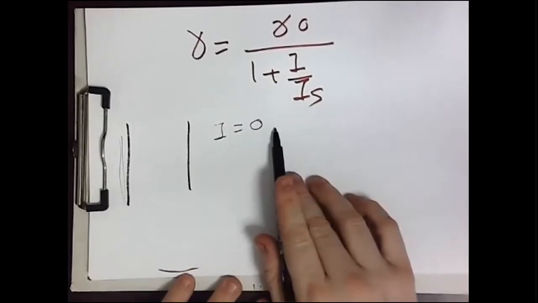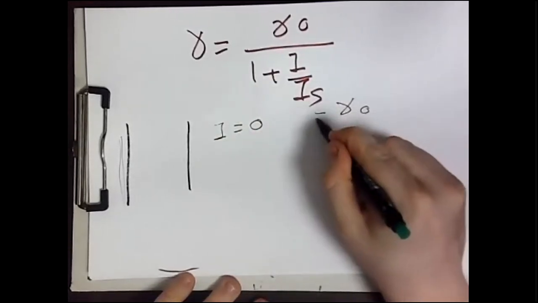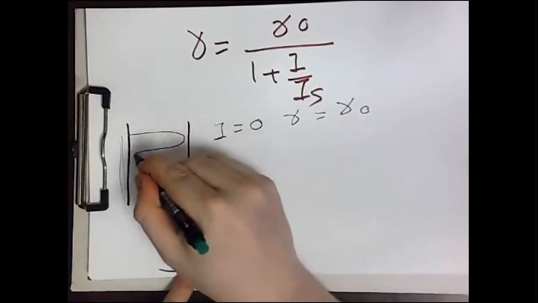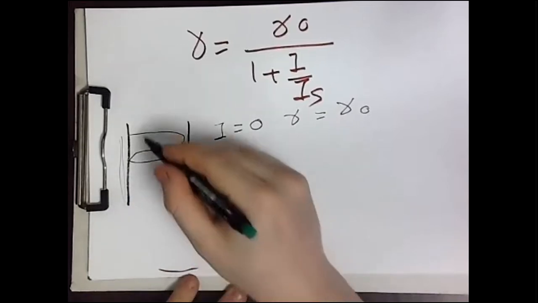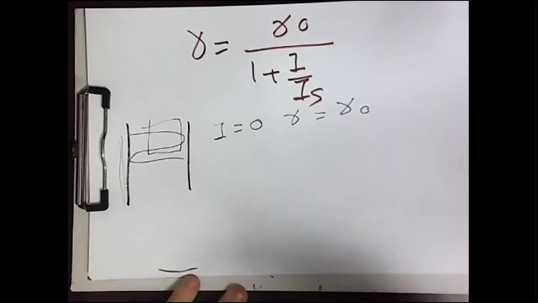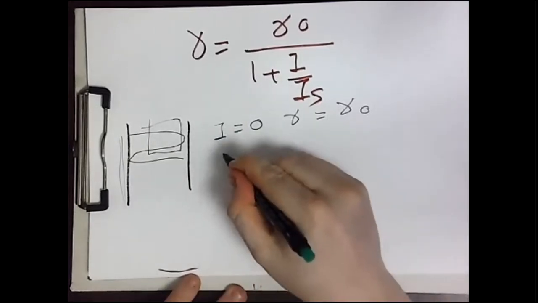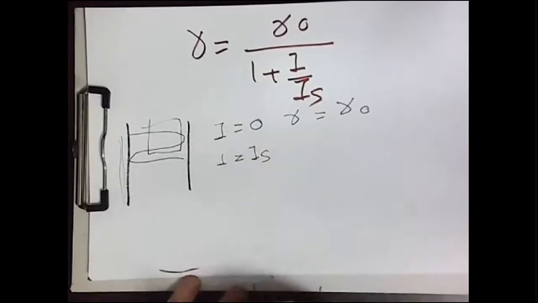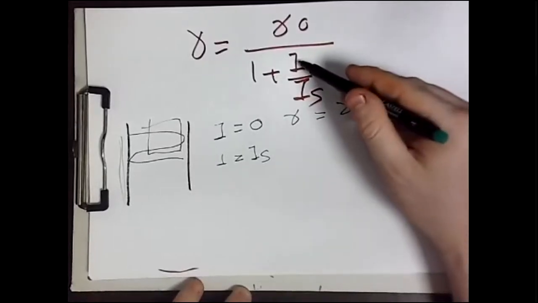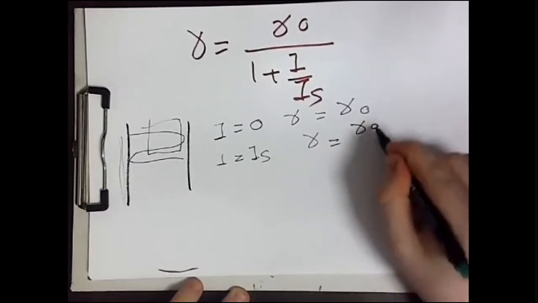So intensity is equal to 0 in the beginning. What about gamma? Gamma will be equal to gamma naught. Then the intensity will start to propagate inside the optical cavity, and as long as you have a gain medium inside, this intensity is going to be amplified. So let's say the intensity grows to I_s. If the intensity tends to I_s, then I over I_s is 1, so 1 plus 1 is equal to 2. So gamma will be equal to gamma naught over 2.